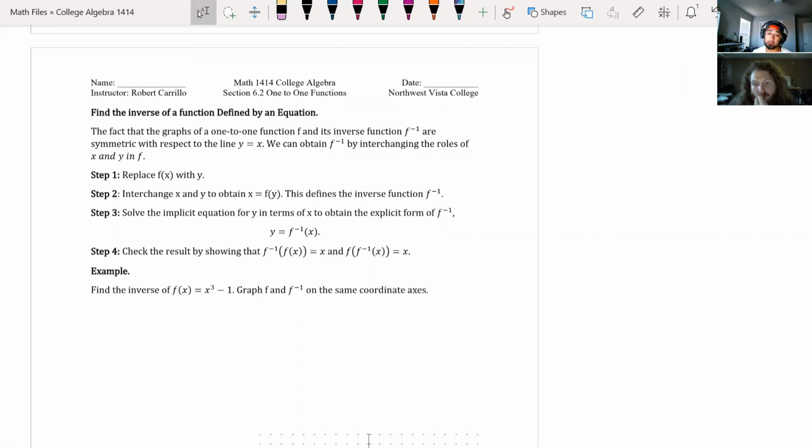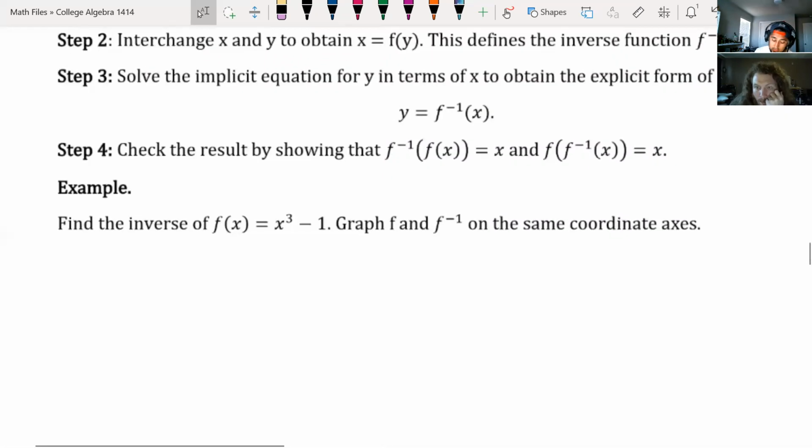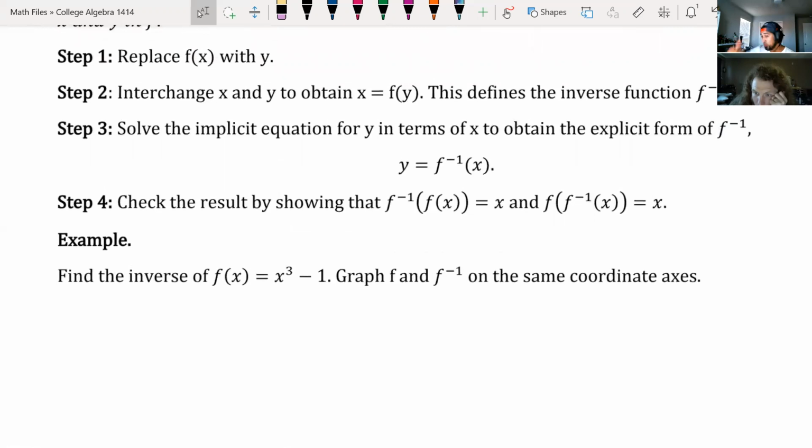So let's start with this example and we'll go through the steps with them. So find the inverse of x cubed minus 1, and then graph both functions on the same axes, so on the same coordinate plane.